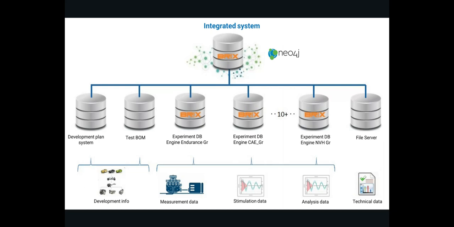This is an example of architecture. Neo4j integrate many databases. For example, a development DB that stores development information such as model code, a prototype BOM that stores prototype data, a test database for each group, and a file server that stores documents.